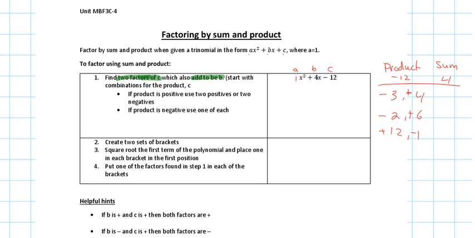Okay? Now, what do these sum to? So which one of these add to 4? So that means this is my answer. So that means my factors are the negative 2 and the 6.